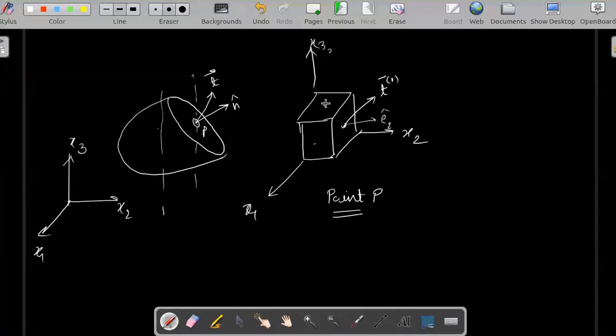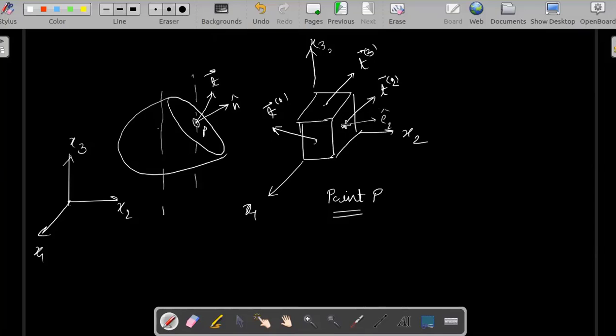Similarly here also you may have a traction vector T2, and this is T3. This is not necessarily parallel, I have just drawn it. So in a given plane, we have shown that T is a traction vector.